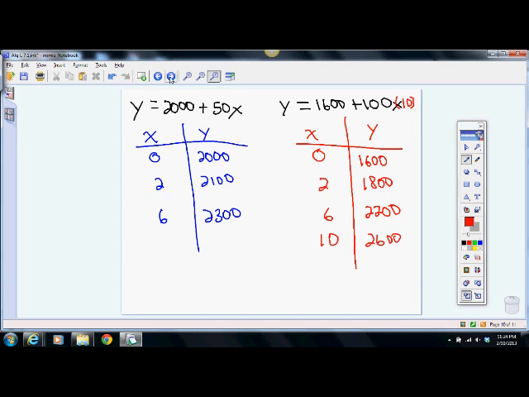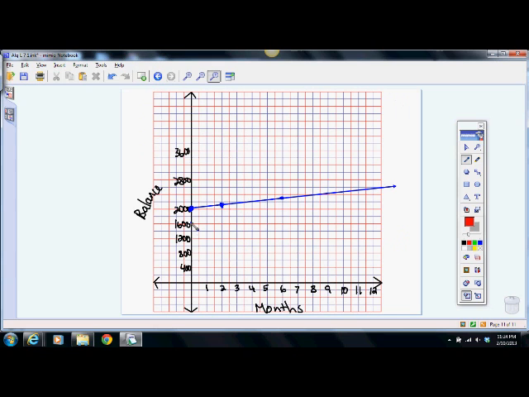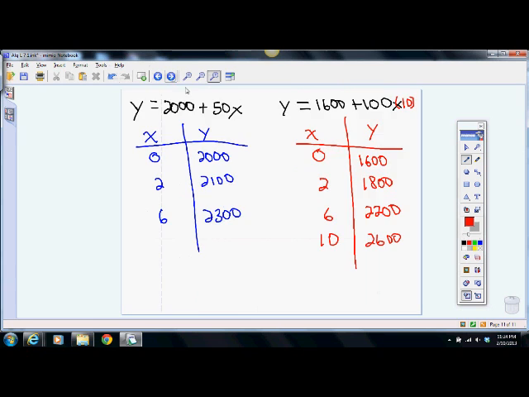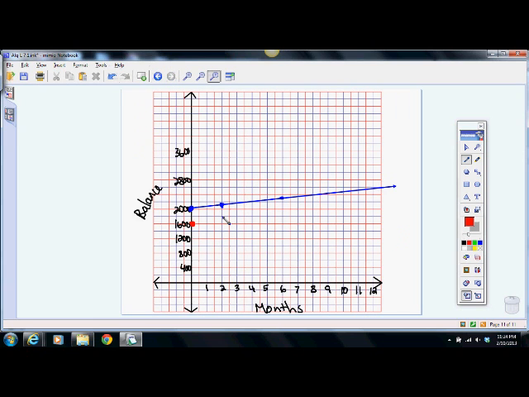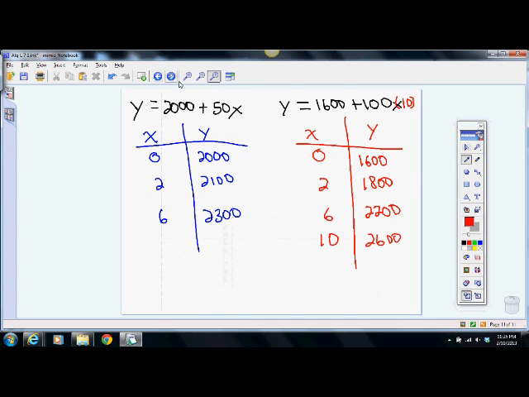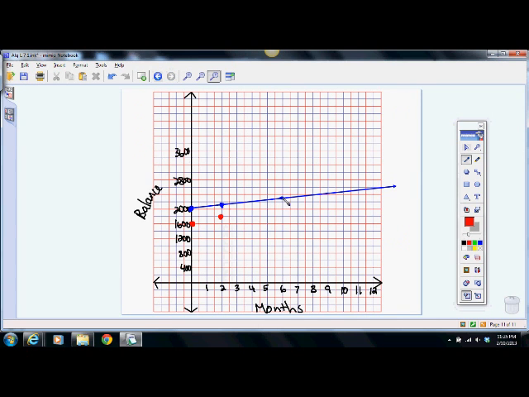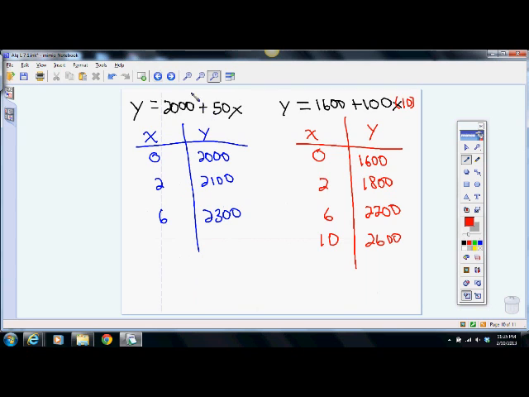Okay, so let's plot these points. 0, 1,600. That's kind of why I went by 400s, because I knew that would be an easy number to find there. 2, 1,800. 6, 2,200. Right here, so we're getting awfully close. And 10, 2,600.